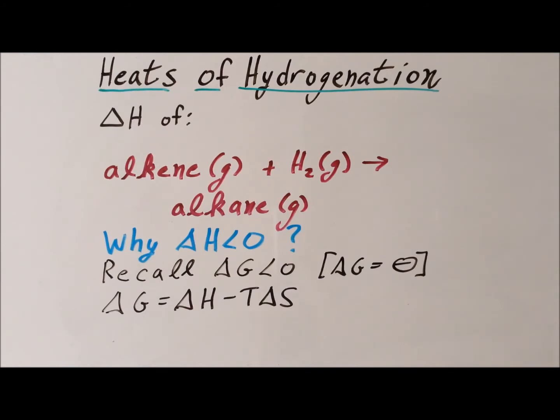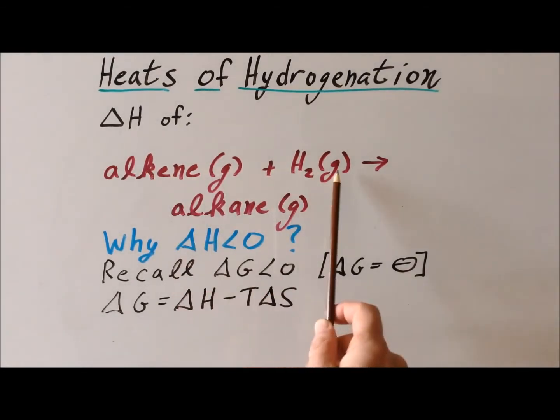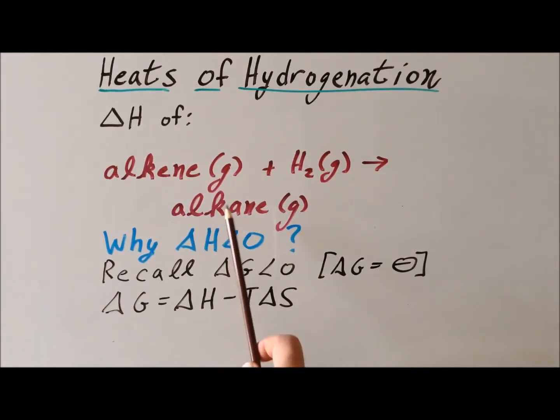Also recall that by definition, the Gibbs free energy is the change in the enthalpy minus the thermodynamic temperature times the change in entropy delta S. This is simply the definition of delta G. Now notice that in the hydrogenation reaction, as reactants, we have 2 moles of gas, but our product is only 1 mole of gas.